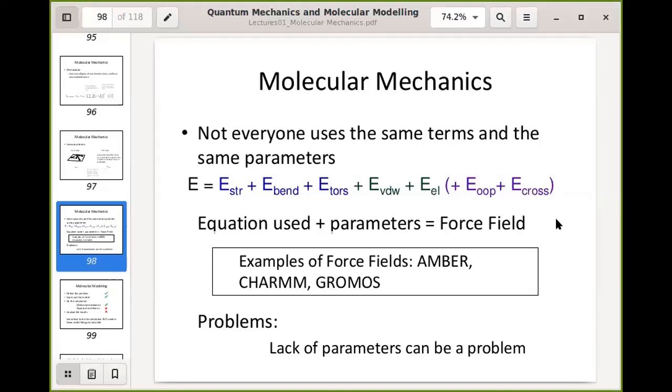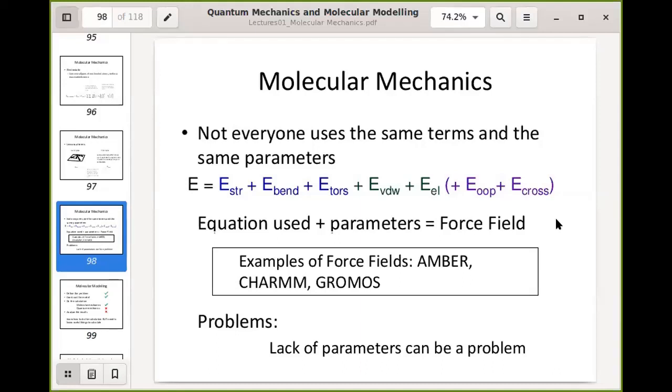But we've got a periodic table which has 92 elements, and the number of single bonds might be 92 squared. So you can quickly see that you need lots and lots of different parameters depending on the two atoms you're working with and the type of bond between them.